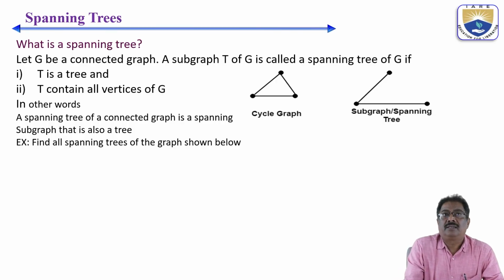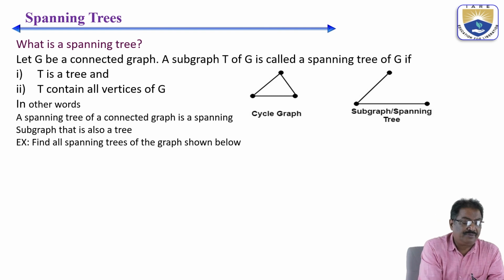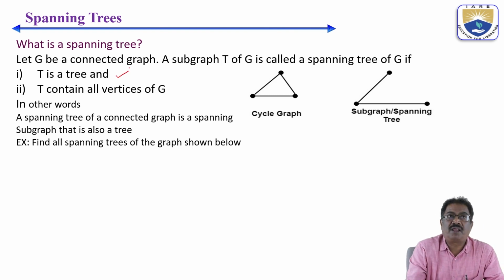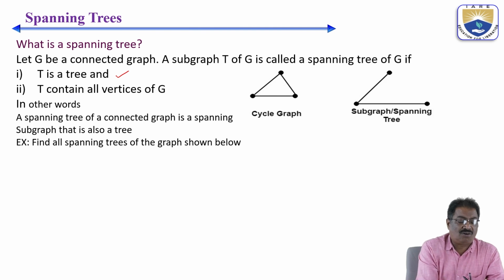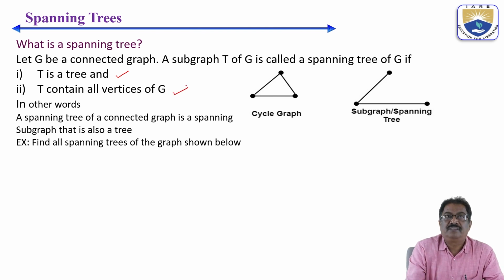Given a connected graph G, a subgraph T of G is called a spanning tree if T is a tree, that is, the subgraph is a tree, and it contains all the vertices of G. That means whenever G is a connected graph, a subgraph T of G is called a spanning tree if, first of all, it is a tree and it contains all the vertices of the original graph.